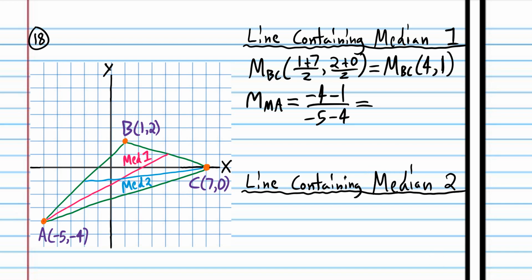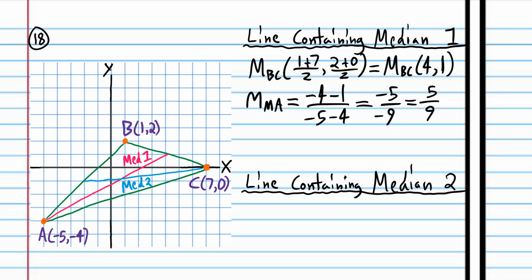So again, we're using this point, and we're using point A to find that slope. So that's where those numbers came from. So -4 minus 1 and -5 minus 4. And we get -5 over -9, which is positive 5/9.